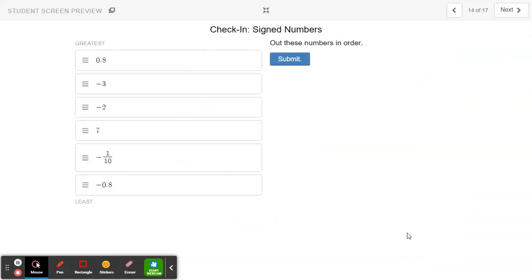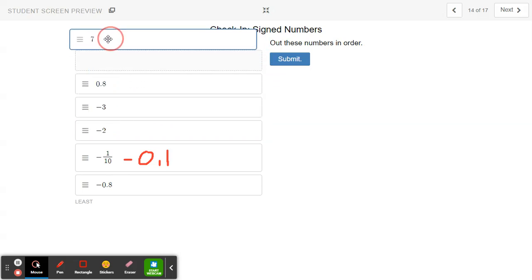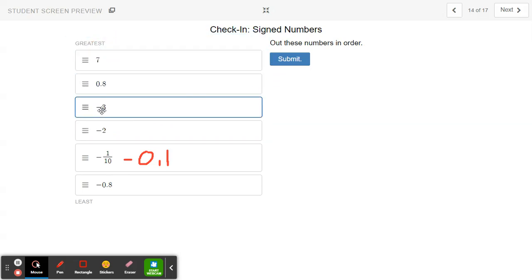Now we have to put these in order. Okay, so this is kind of the same thing. I know I could use a calculator for this, but I already know 1/10 looks like this as a decimal. 1/10, right? It's 1 in the tenths place, and it is negative, so I'll put that negative there. So we're simply going to put these in order. All right, so let's see here. Here's a positive number, and I'm going to put that on top because it's bigger than the negatives. Now these are really close to each other, so which one's closer to 0?